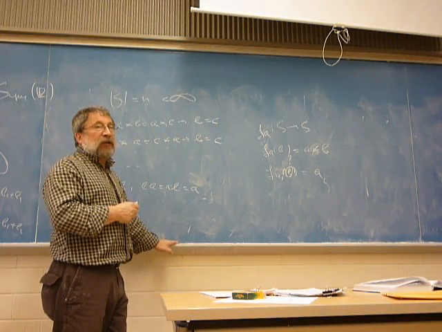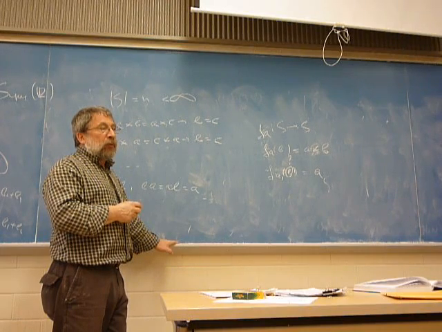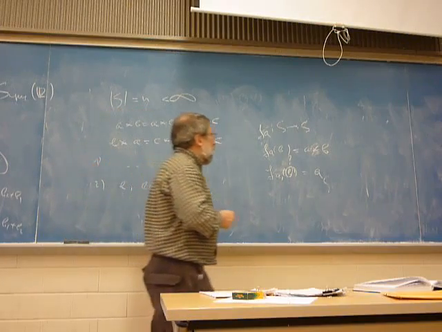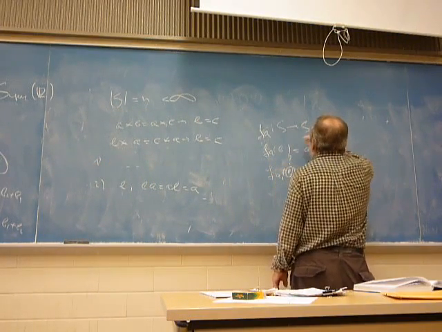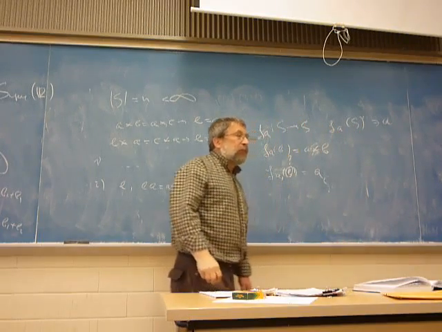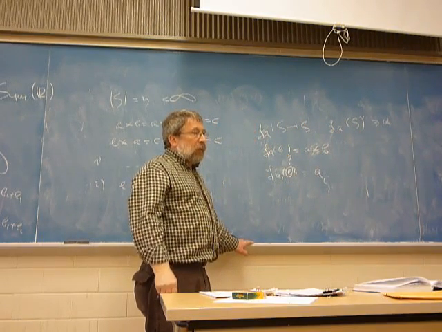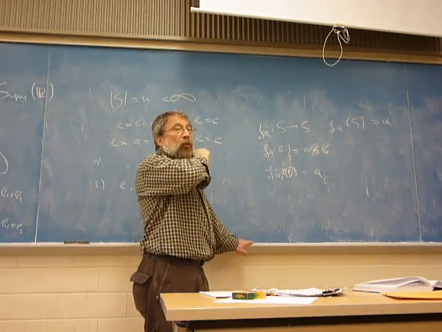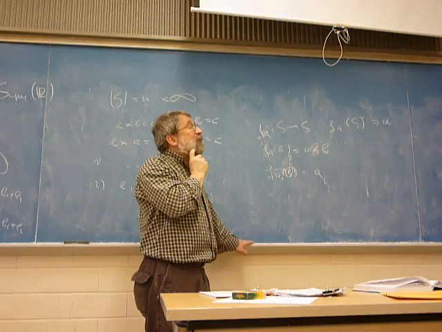Since this is a finite set, what can I conclude? This function is also onto. So the image F sub A applied to S certainly contains A. I already see what will go wrong if I don't assume that S is finite.